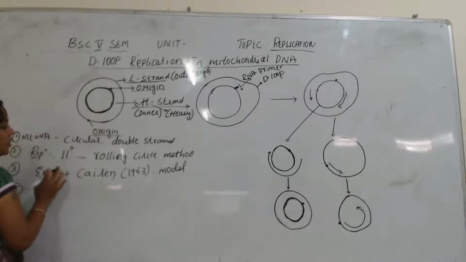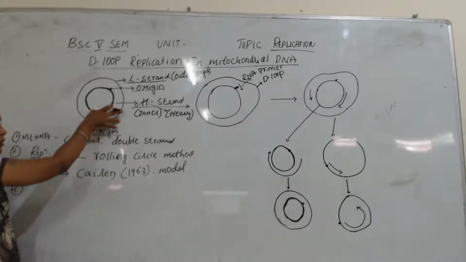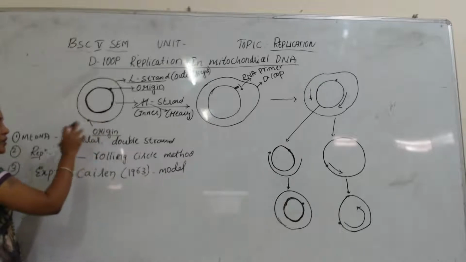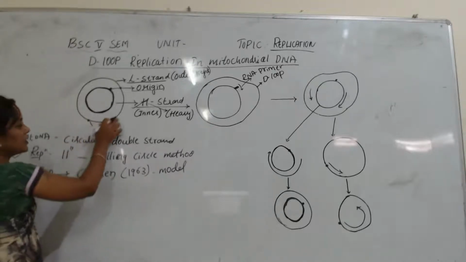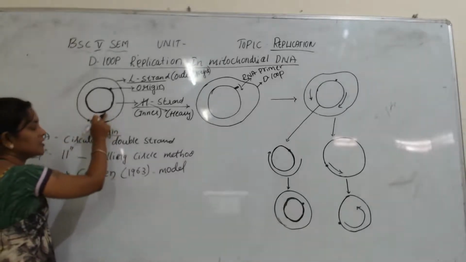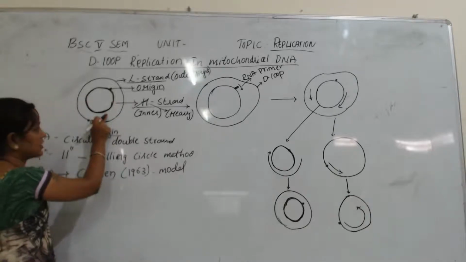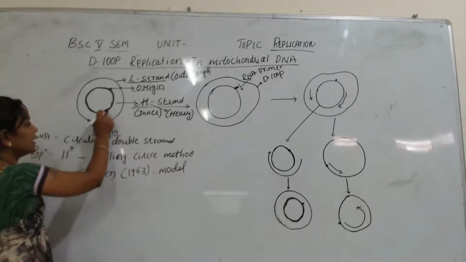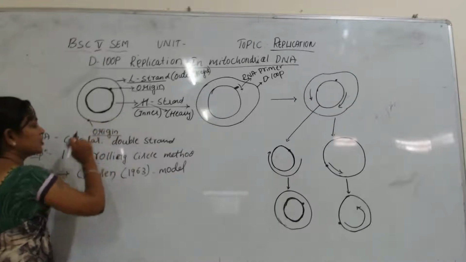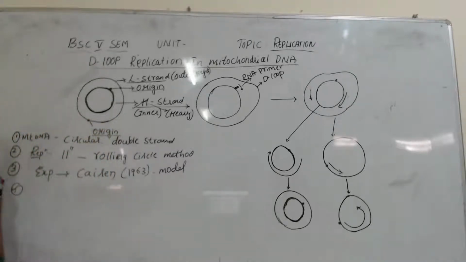So what we have studied: the mitochondria have a double stranded circular ring, the outer strand is called the L strand, the inner strand is called the H strand, and both strands have separate origins of replication. Next, during mitochondrial replication, they form a balloon-like structure.